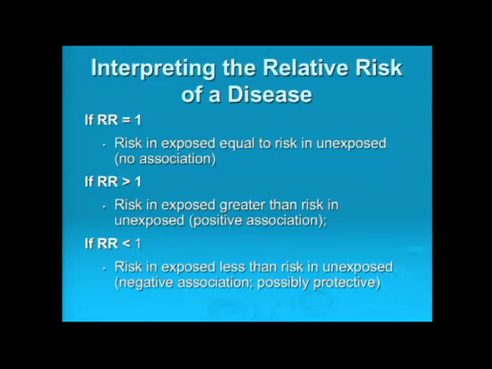So if you eat a nutritious diet versus a non-nutritious diet, you would expect that among those eating a nutritious diet, your relative risk of a particular disease might be less than 1 because you should have less disease outcome if you eat well.